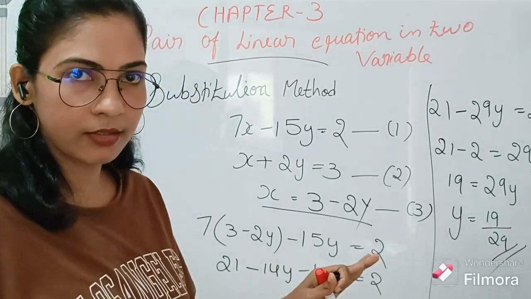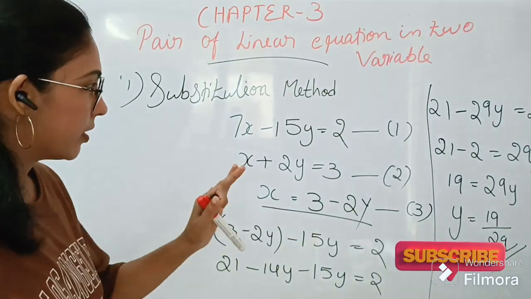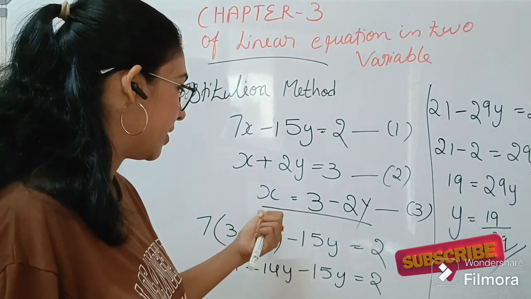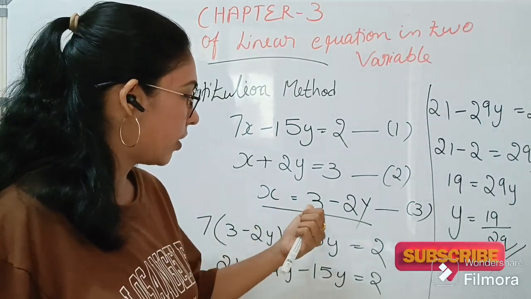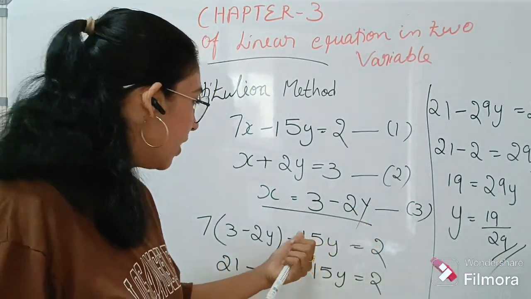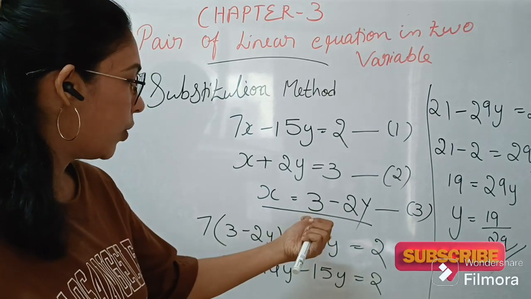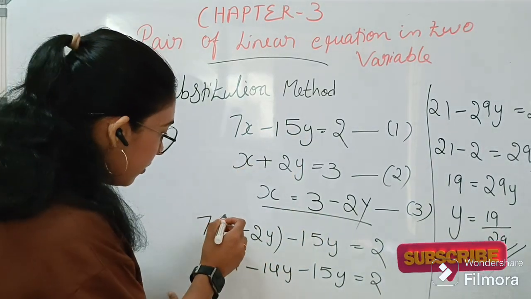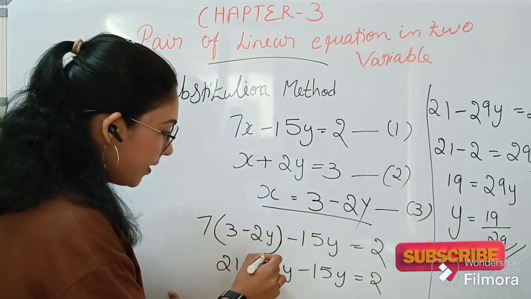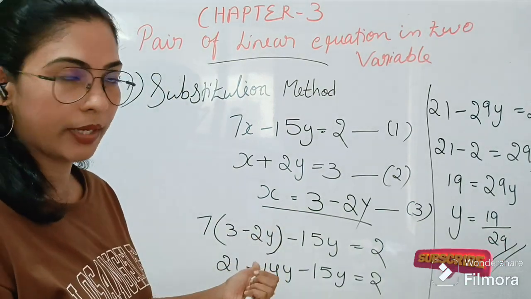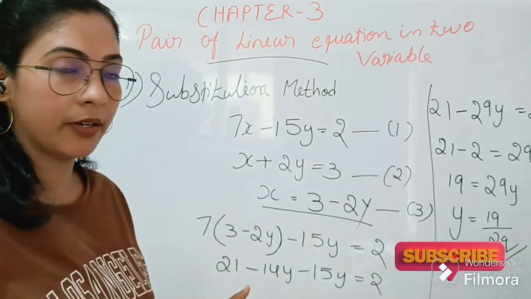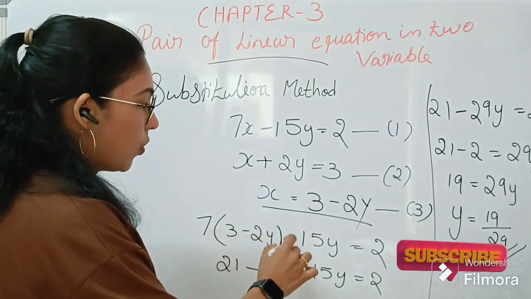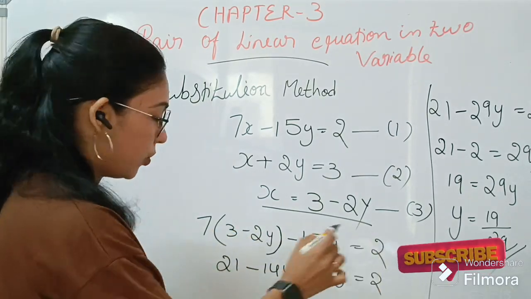Okay, is it clear? So what we did? First we find out the relationship for x, that is x is equal to 3 minus 2y. Then substitute this value of x in equation 1, that is 7 times. Don't forget to place this number inside the bracket. Okay, otherwise your answer will definitely get wrong. So 7 times 3 minus 2y minus 15y is equal to 2.